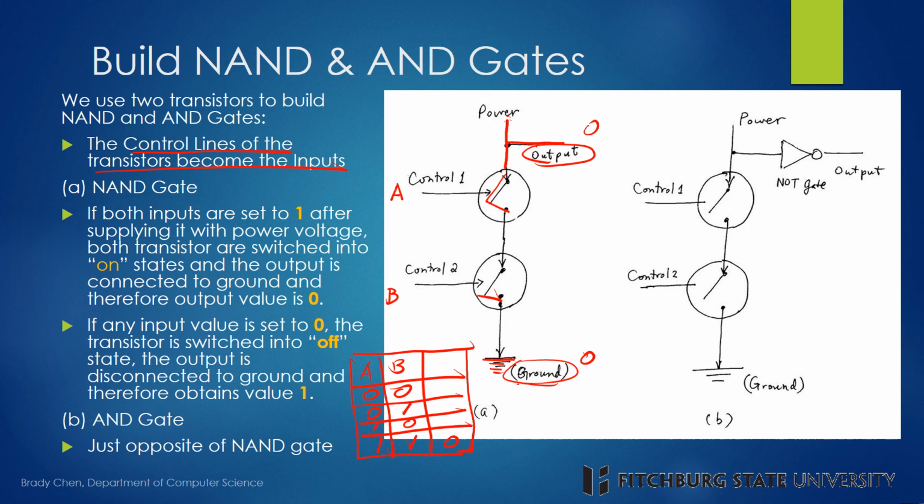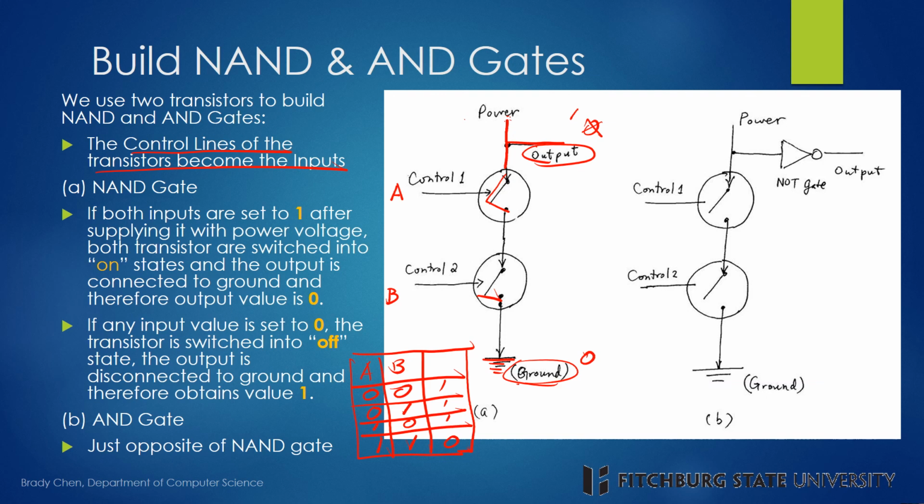In all these 3 cases, the output is going to be 1 because it's directly connected to the power source, but not connected to the ground. So that's the truth table for this device, and this is exactly the truth table for the NAND gate. That's why we build a NAND gate using 2 transistors.